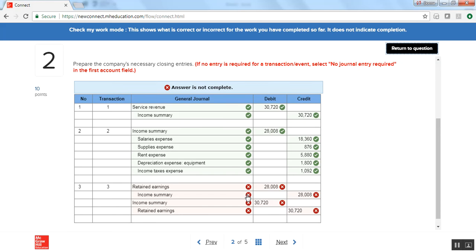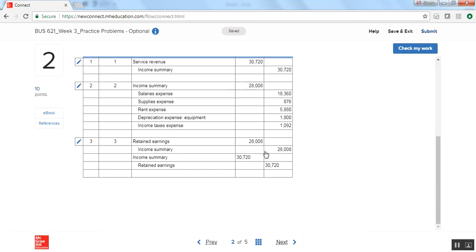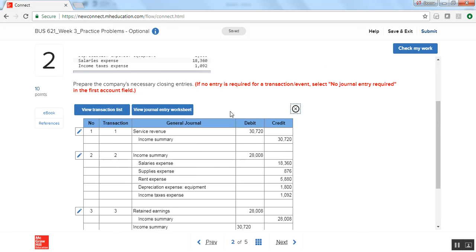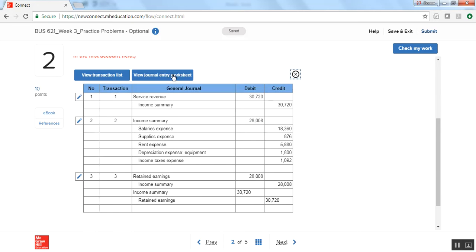They want me to put it in as all one entry. So this is a debit, this is a credit. It's going to equal this minus this, so 2,712.